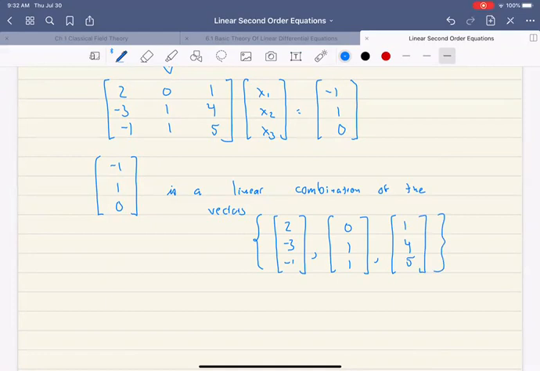We could solve that very easily. Let's go ahead and do that real quick.